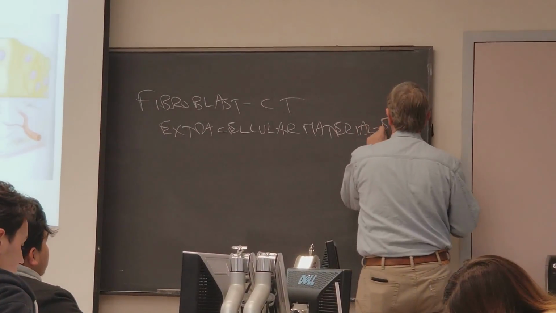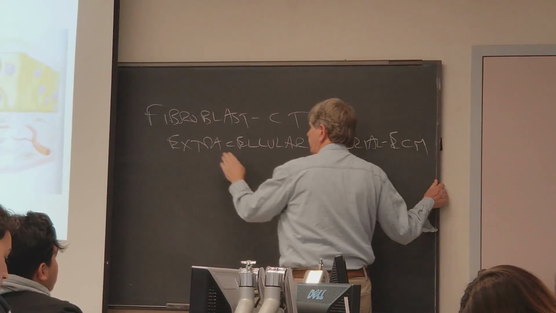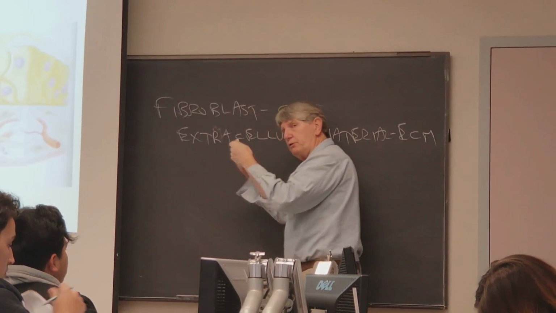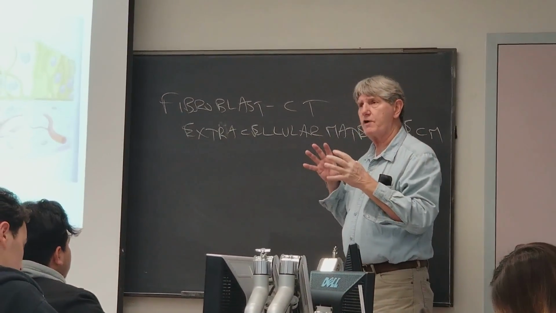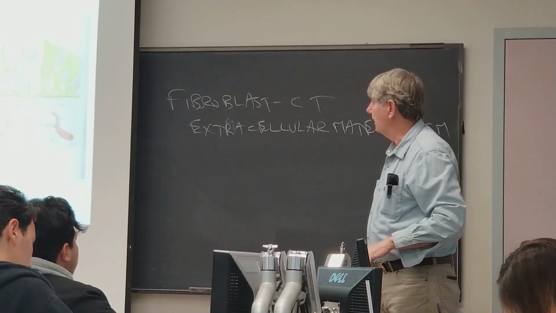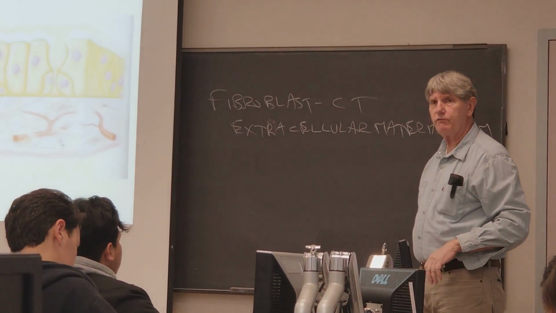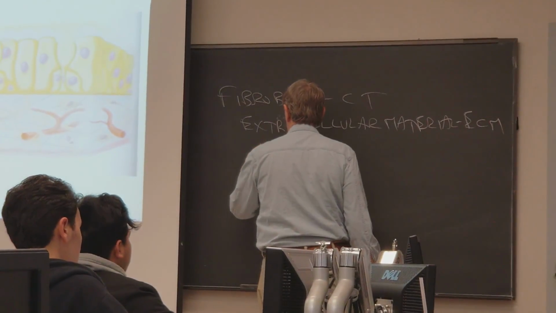Characterized as an ECM, extracellular material, it is produced by these fibroblasts and secreted outside of the cell, and basically forms a kind of structural framework for that connective tissue. The extracellular material I want you to be aware of here for connective tissue in general is called matrix.